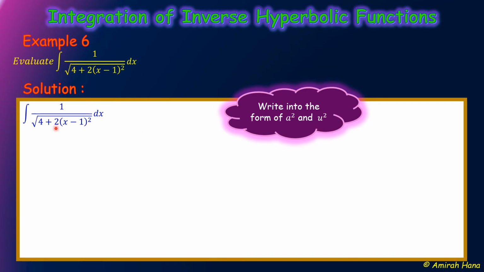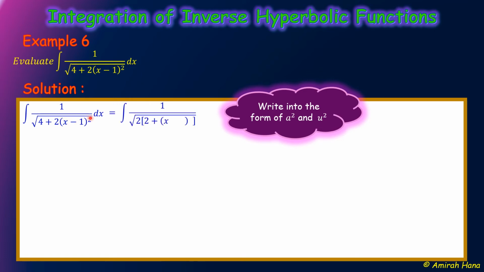Actually, we can expand the 2 inside the bracket, but you need to be careful because we need to expand the squared first. So the best way is to move out the constant 2 from the square root symbol, but how?